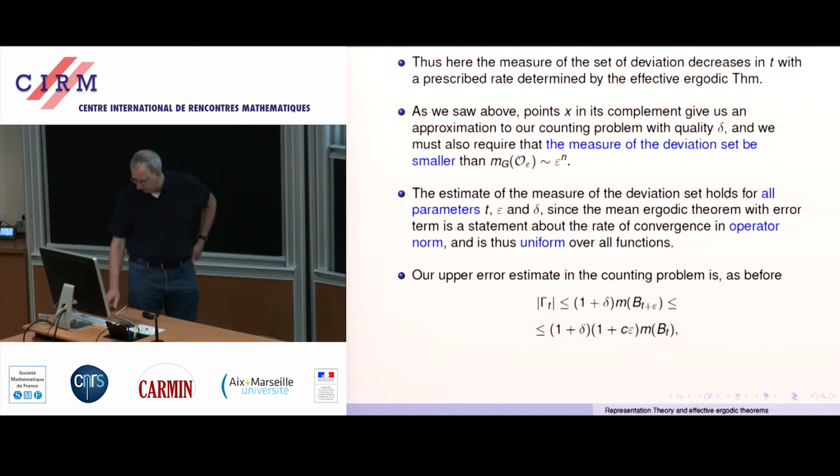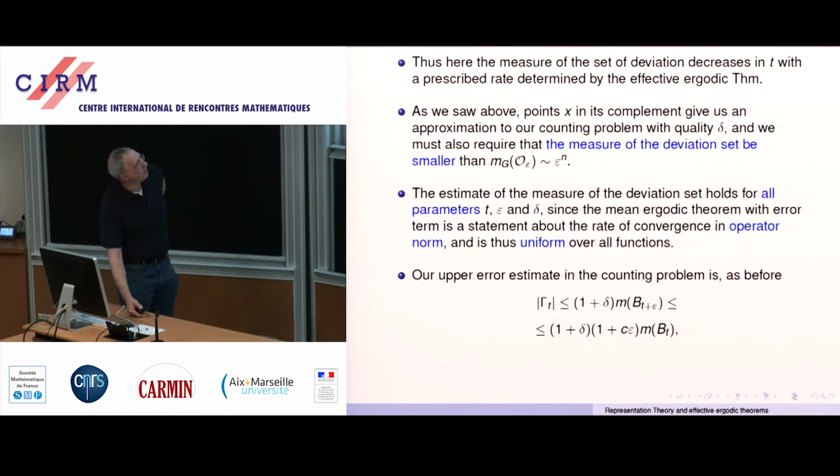So now I want to make an important point, which is that the estimate of the measure of the deviation set holds for all parameters t, epsilon, and delta.